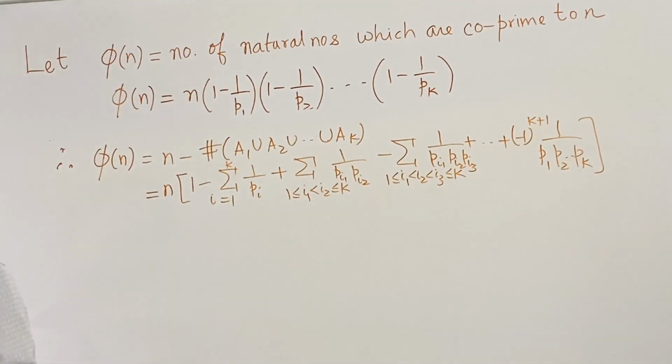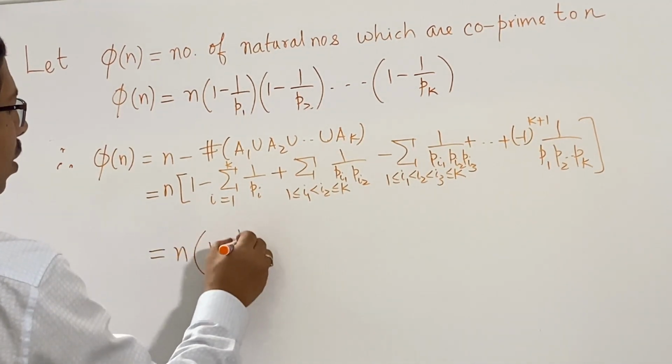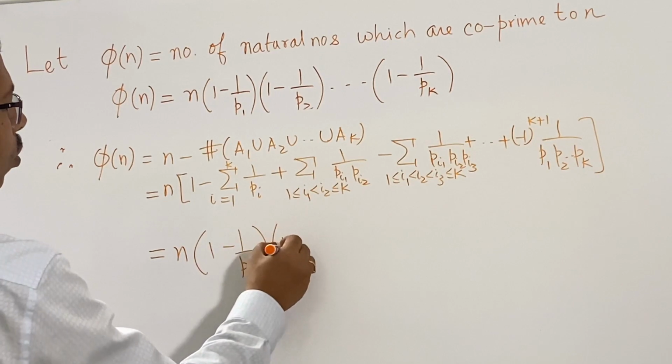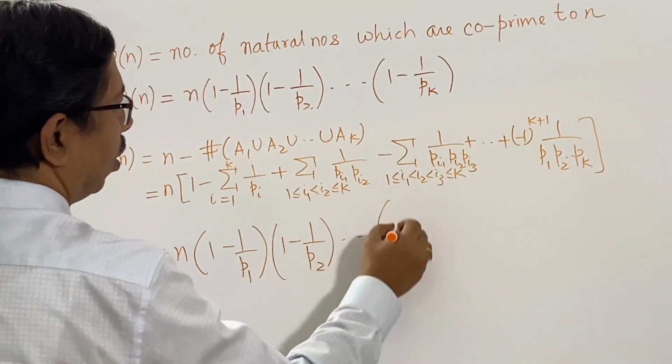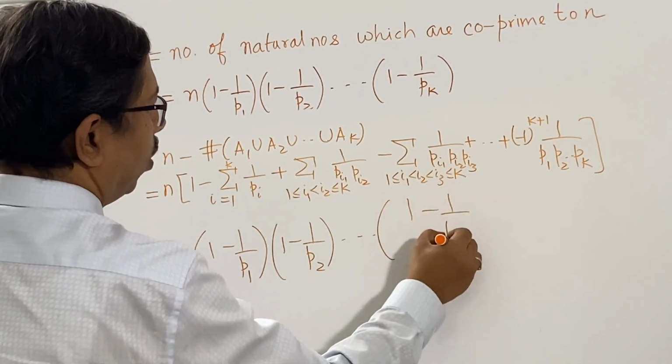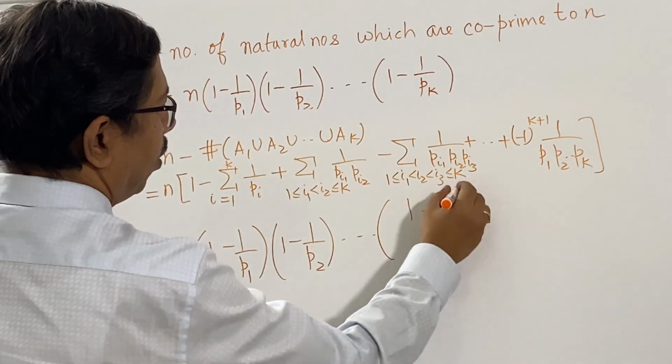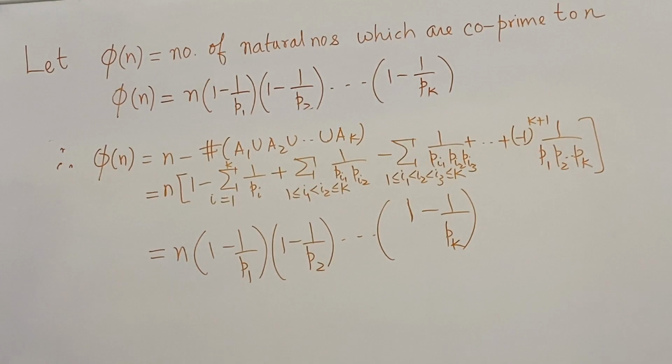Now it is not hard to see that this is n into 1 minus 1 by p1, into 1 minus 1 by p2, etc., into 1 minus 1 by pk. And this is Euler's totient formula.